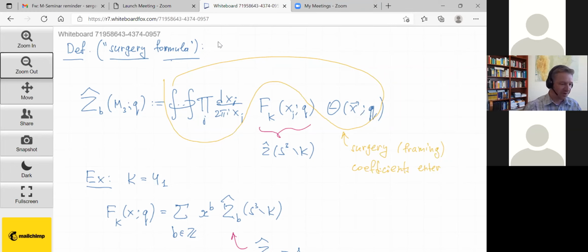So the following lemma: if M3 is of the previous type, namely a manifold constructed out of a link which consists only of various linked unknots, then what we had before is precisely such an instance of a surgery formula, where F_K of x and q is, now it has many variables, of course, as many as link components or vertices in a plumbing graph.